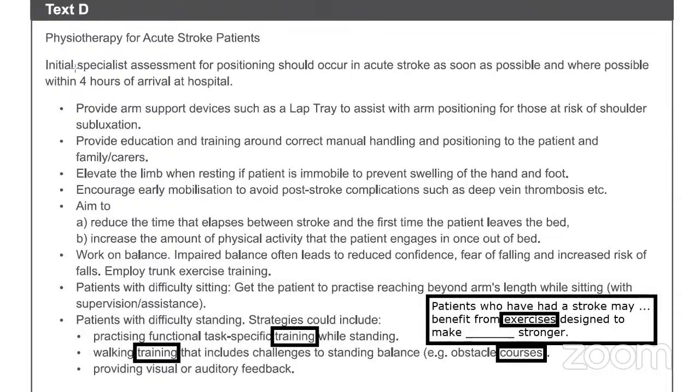And you see here from the beginning. Right. Arm. Shoulder. Training.